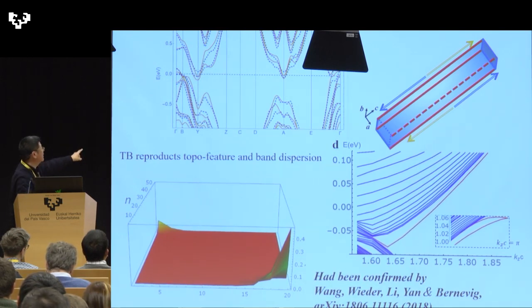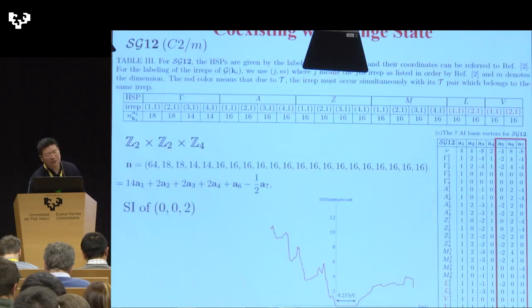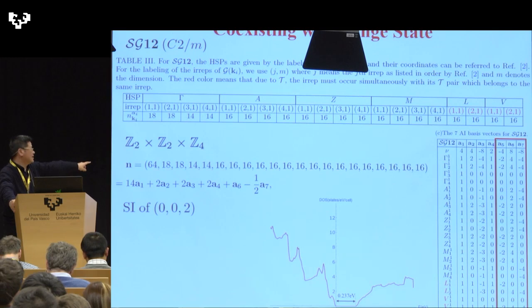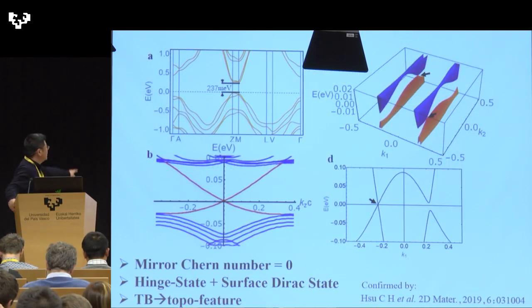It's not a very good compound, not a very good topological material, and as you saw, the hinge state is not that good. But of course we have a good example, which we take as the third example. This bismuth compound is not that famous, but we find they also have a hinge state, and they also have a Dirac point somewhere.